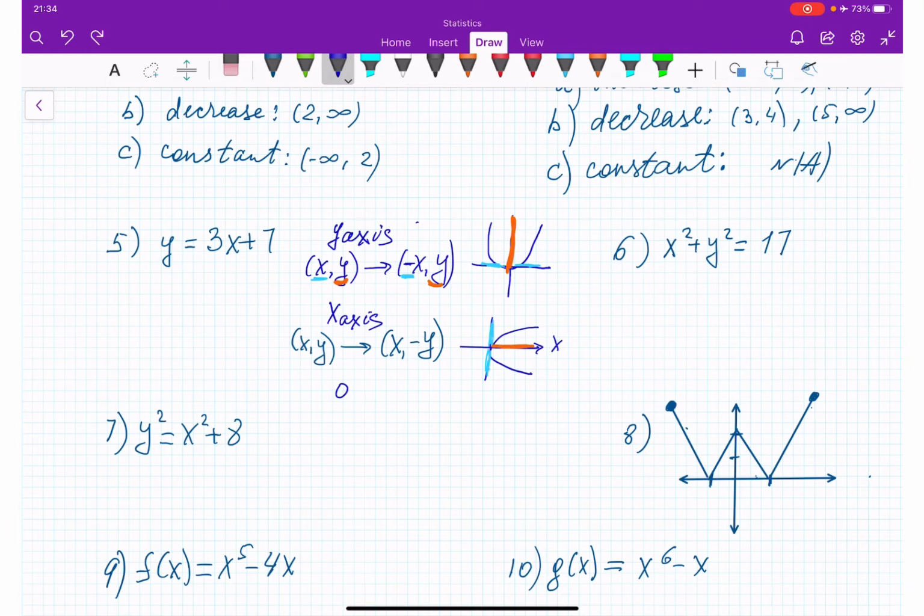So when do we have symmetry to the origin? Here is an example. Symmetric to the origin means that for every x and y, we will have negative x, negative y.